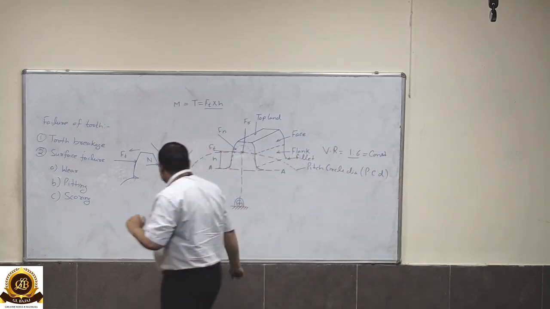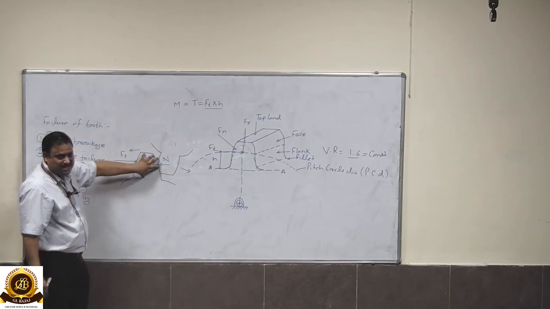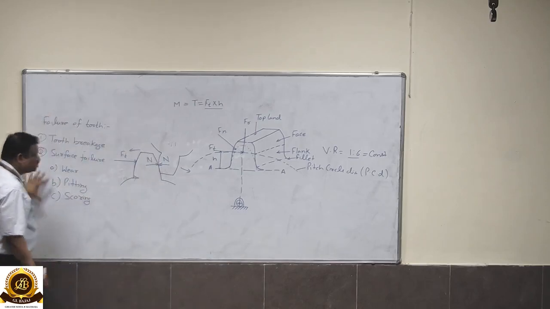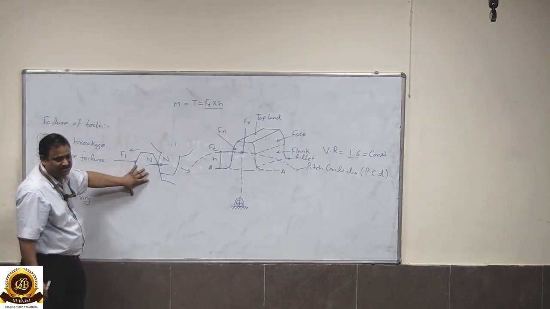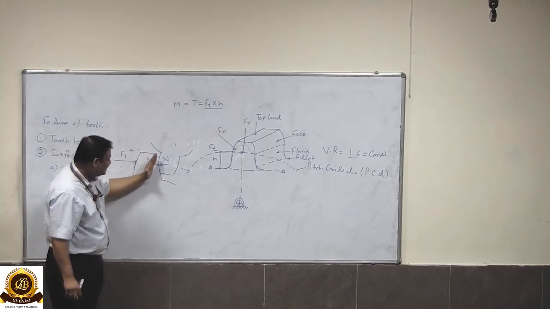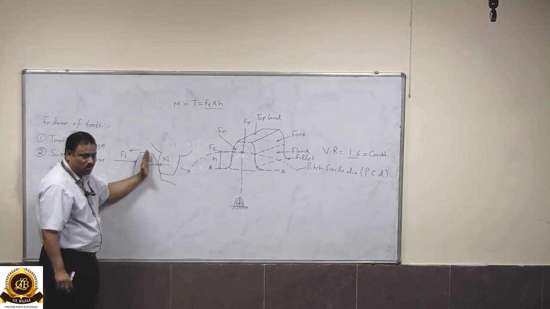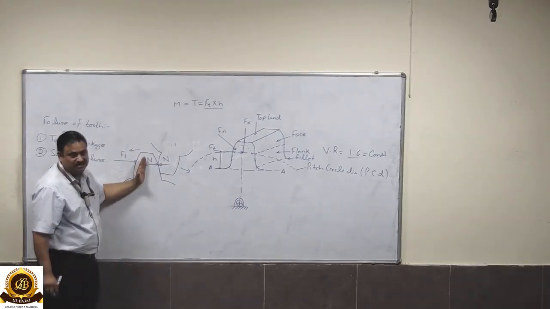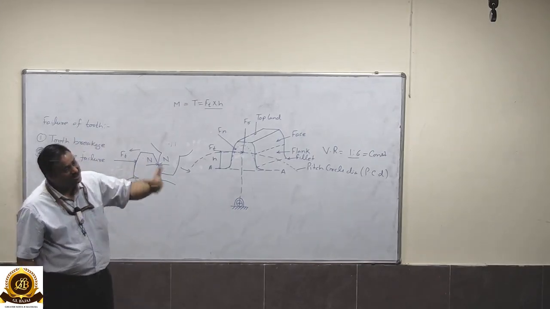Similarly here also, we are neglecting this elastic failure, since this is very small as compared to the other loads, so we can neglect this type of failure while designing the tooth. If it is slightly bent in this direction and this will bend in this direction under the load, this is again non-conjugate action because the tooth profile will again be disturbed.